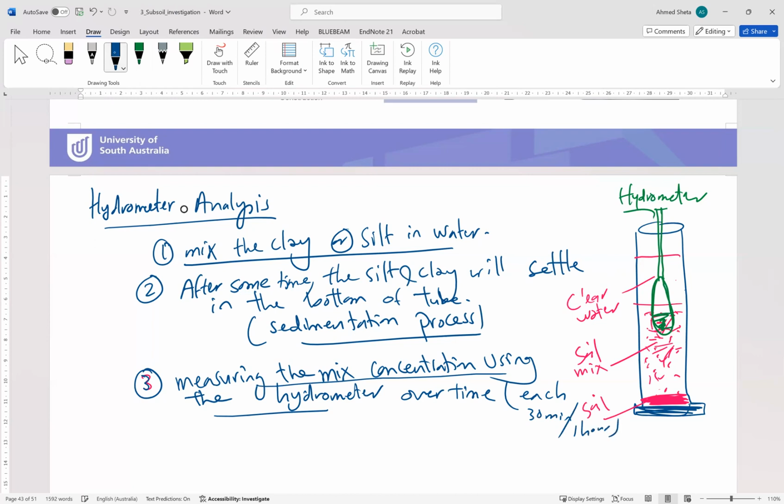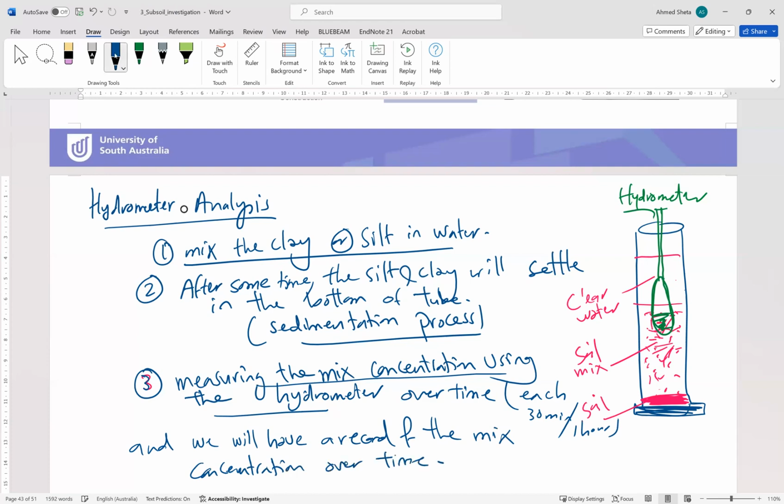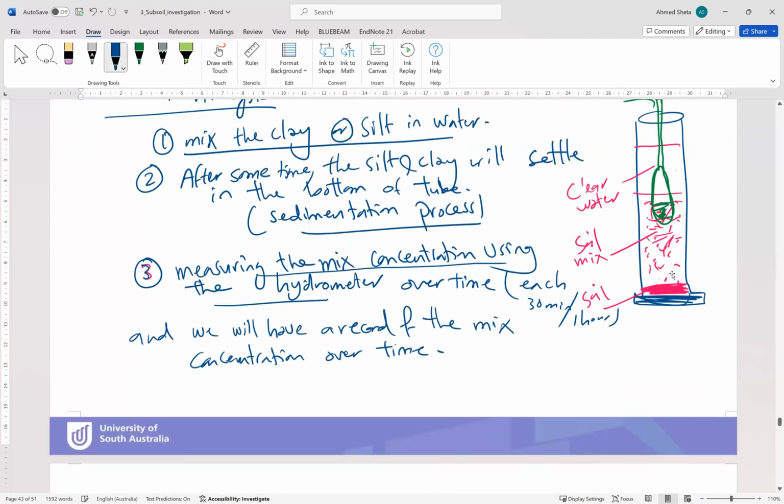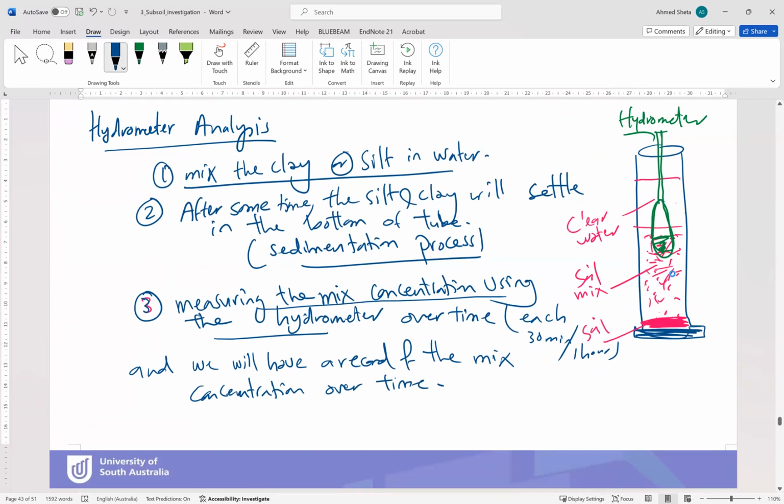So you will have a record of the soil concentration over time. Okay.